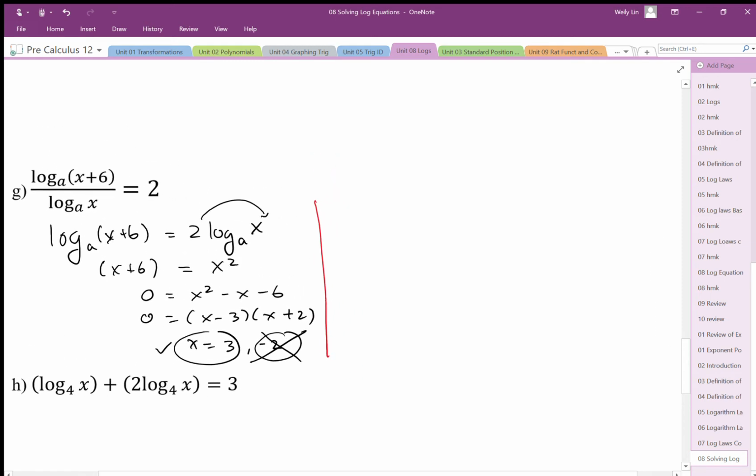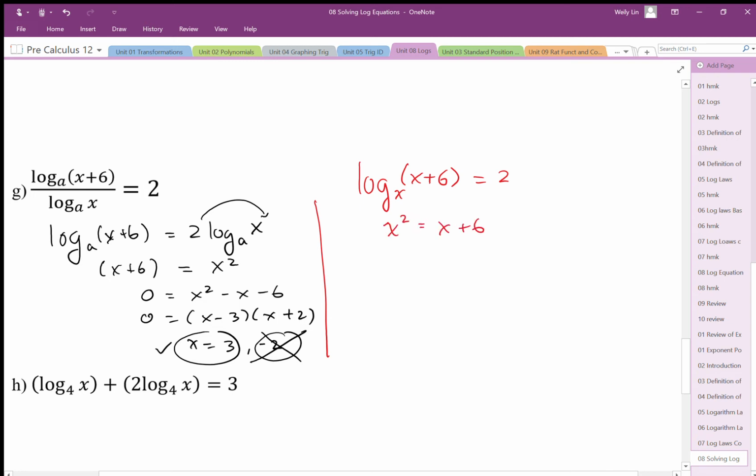We could use our change of base formula, since the only time we divide is in change of base. And since my denominator is x, that becomes my base, and then my argument on top is my argument in my new exponent. And then the other way we can get rid of logs is using the definition of log.